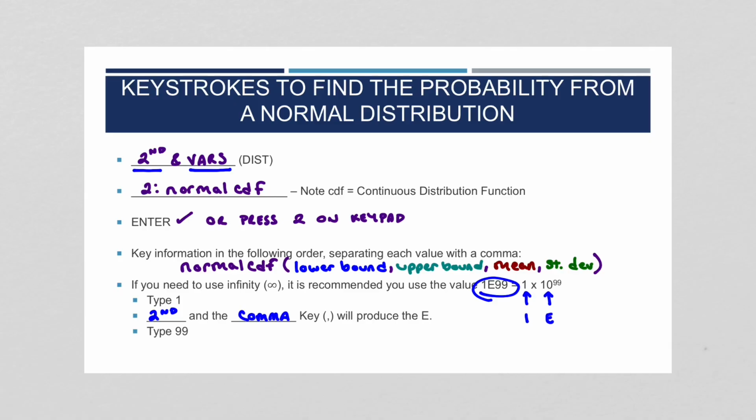And then you would type the 99. If you wanted to do negative 1E99, you would just type the negative key first. Remember that the negative key is located below the 3 on your keypad. It is not the same thing as the subtraction sign. If you use the subtraction sign, your calculator is going to get confused. So remember that you've got to do your negative, then type your 1, your second comma key to generate the E, and then type in 99.